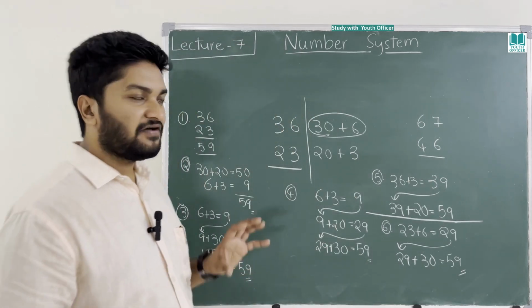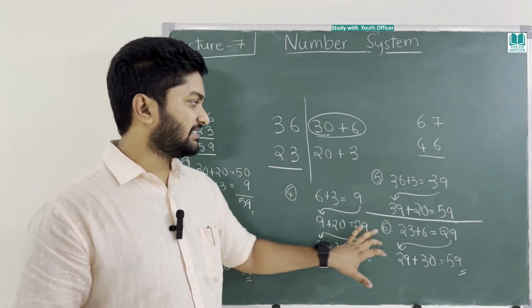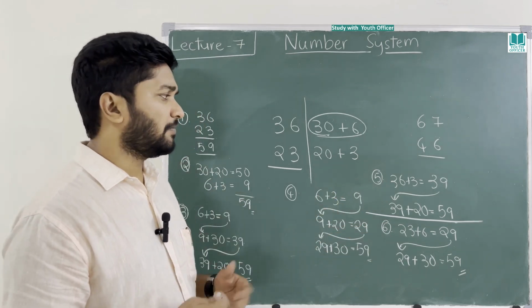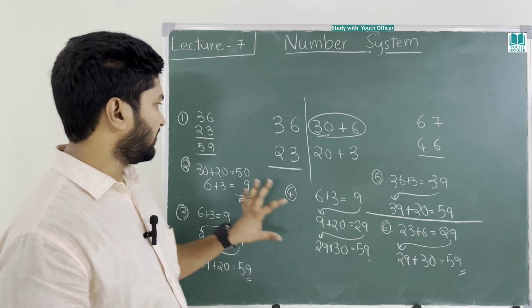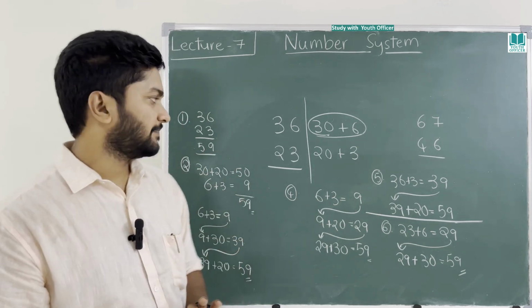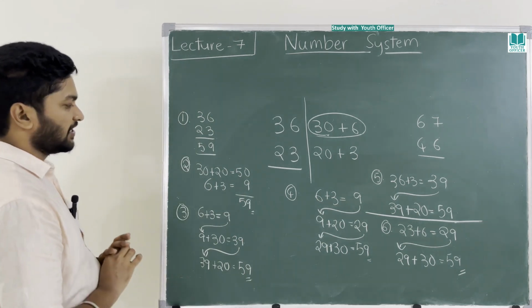See, I have told you right now 6 ways to do these additions. You can do it in a number of ways, but these 6 are very basic and very important for your brain calculations. What exactly is happening? I'll show you.